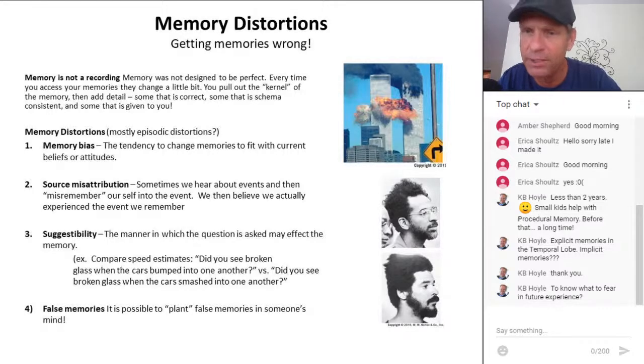Now, in my developmental psychology class, I always tell my students that you do not have the myelination in your temporal lobes and amygdala before the age of 3 to even store a memory. So we typically call this thing infantile amnesia. Nobody remembers the first 3 years of your life.